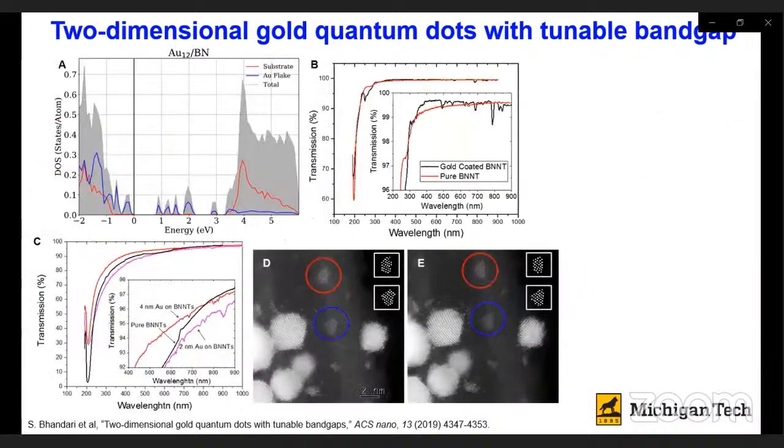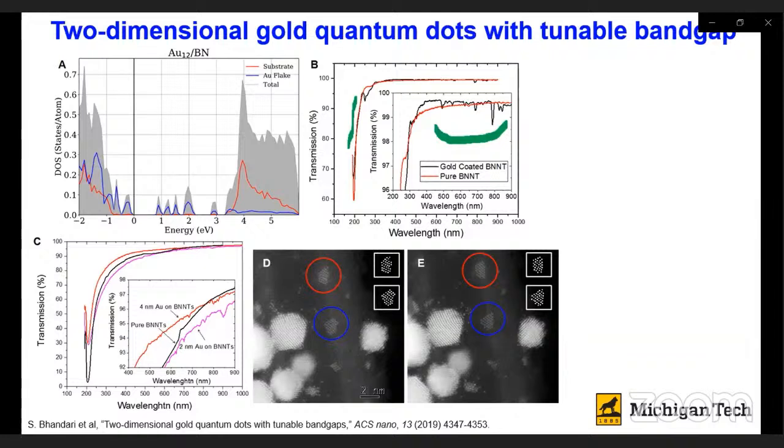We have used UV visible spectroscopy to characterize the differences between the transmission spectra of pure boron nitride nanotubes, indicated by the red curve here, as compared to those coated with the gold nanoparticles, which is shown by the black curve here.